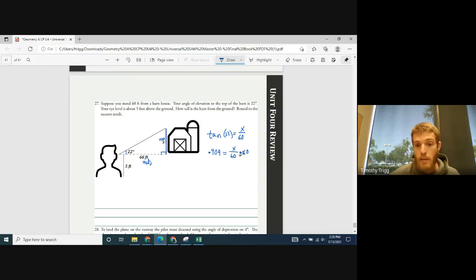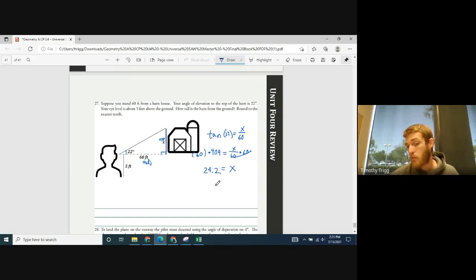So we're going to multiply by the denominator to cancel that. So times these two together, that gives me that X equals 24 point, and we want to round to the nearest tenth, so 0.2.